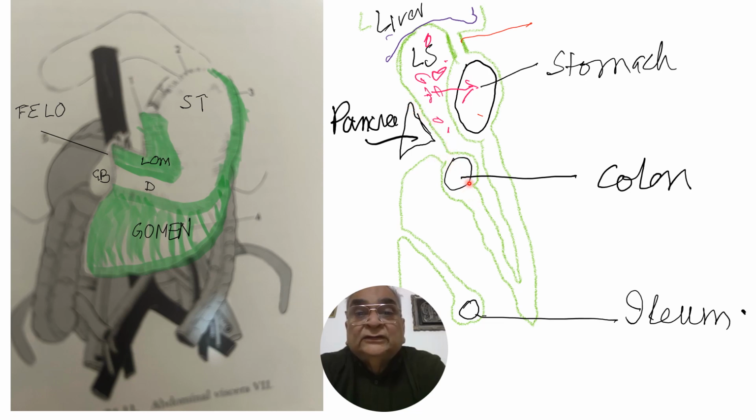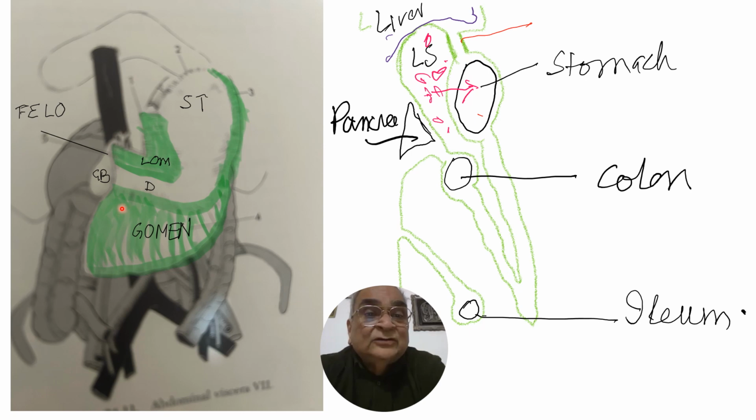They enclosed the colon and became the posterior two layers of the greater omentum, which winded on itself, enclosed the stomach, and then became the lesser omentum. And then this lesser omentum went over the liver and then became the coronary ligaments which attach the liver to the diaphragm. So here is the greater omentum attached to the greater curvature.